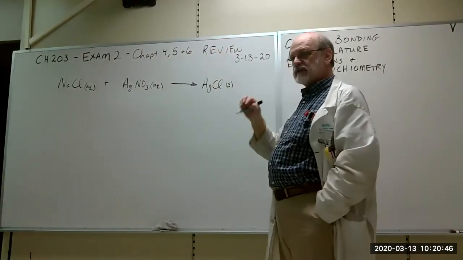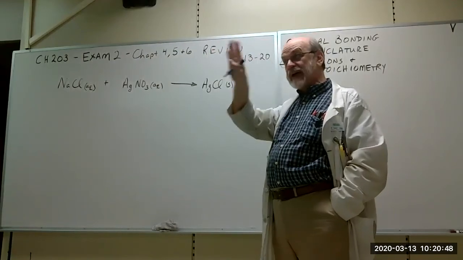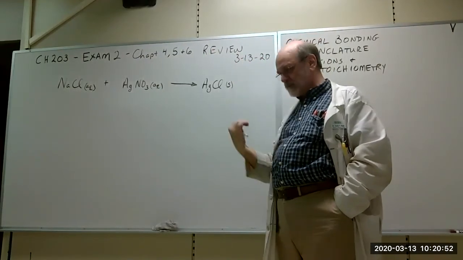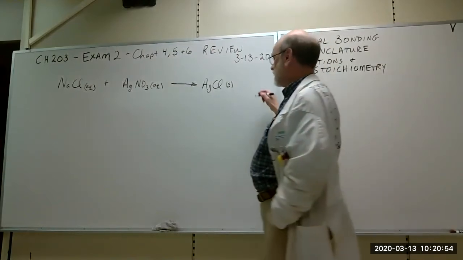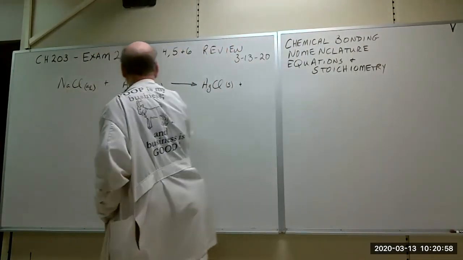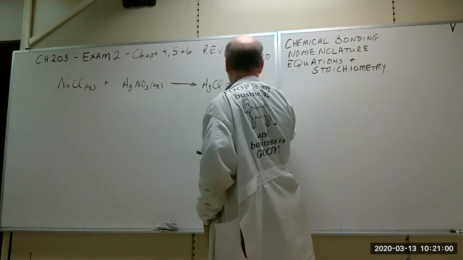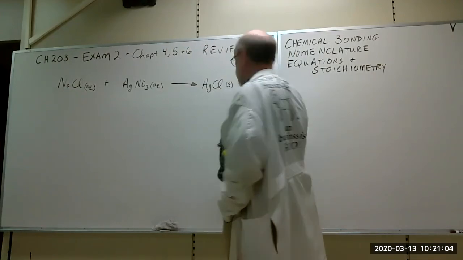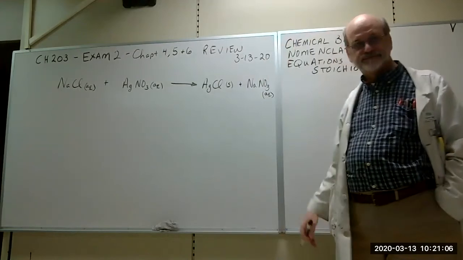You put them together, you see this white, opaque stuff in there, and over time it just settles out. And the sodium and the nitrate combine, but they're soluble, so they stay in solution.